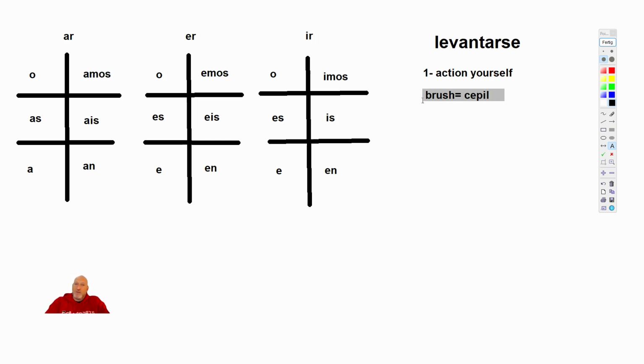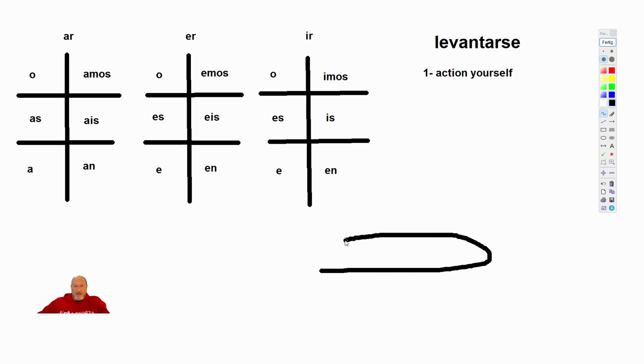So it needs to be a reflexive verb just to specify that the action is done by someone to that very same person. I sometimes call that a boomerang action, because it's an action that goes in this direction and falls on yourself again. That's why I call it a boomerang action. So for all those actions that you do to yourself, we use reflexive verbs.